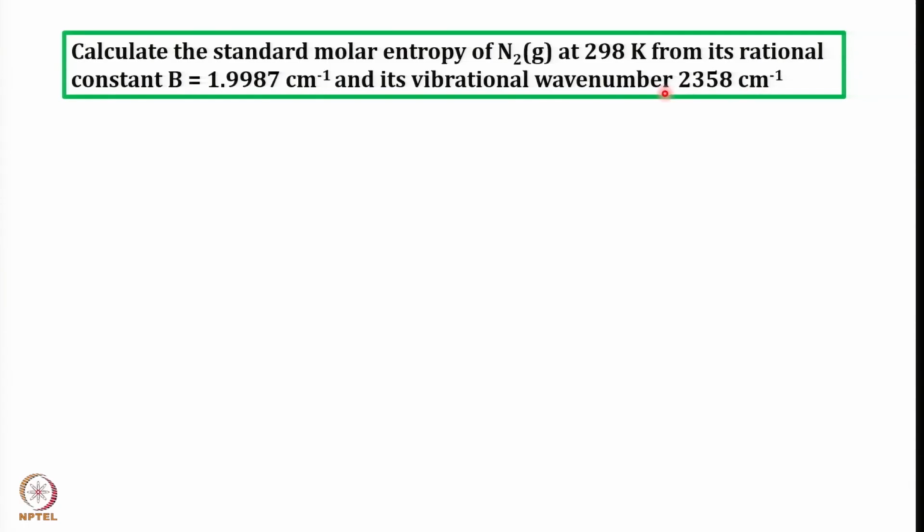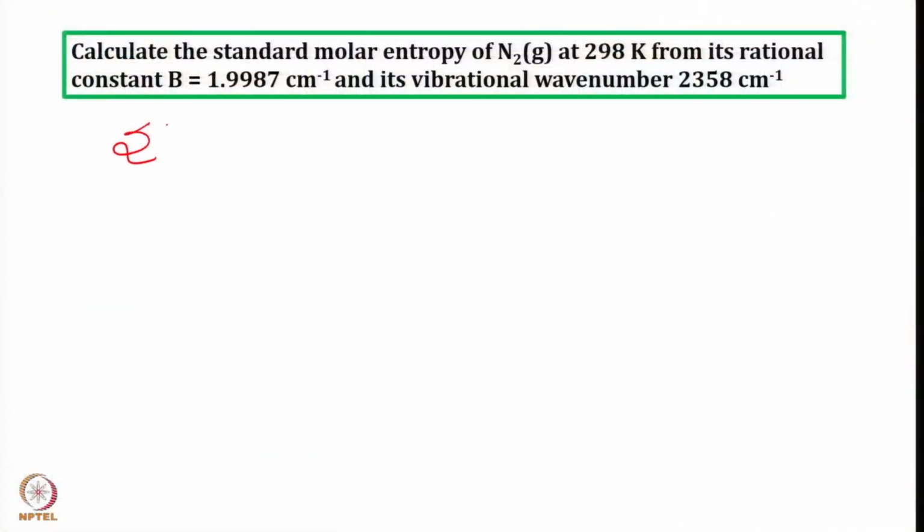The question that we need to address here is the standard molar entropy of nitrogen gas. When I say standard molar, we are talking about the standard state, that we represent by the symbol, and we put pressure is equal to 1 bar, and molar means I will talk about Sm naught.